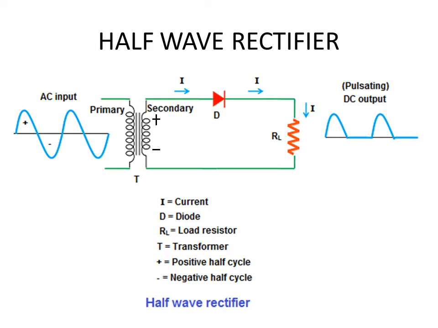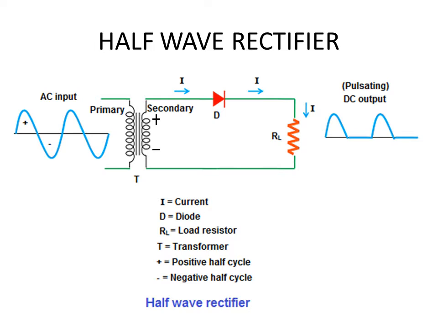It is conducting a current I, which flows through the load resistance. When that current flows through the load resistance, it will drop some voltage across the load resistance, and that is what is measured as the output from the rectifier. That voltage is not a constant voltage. You can see even during the positive cycle the voltage actually starts from zero.